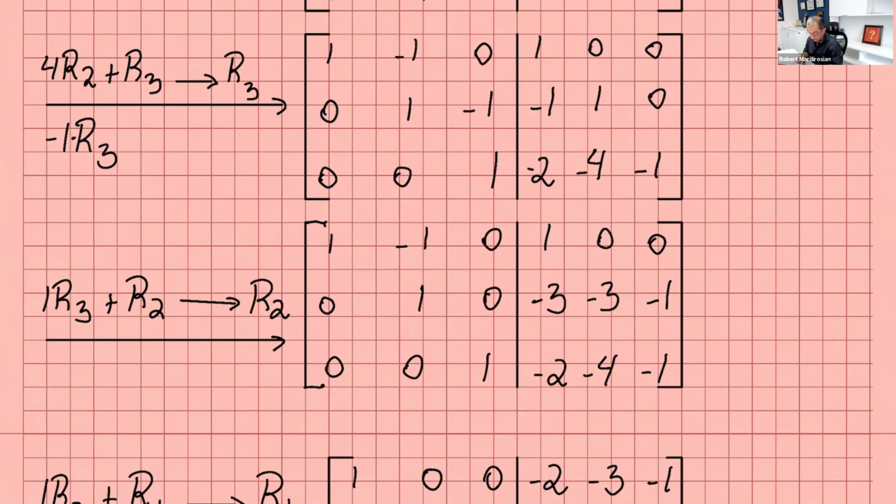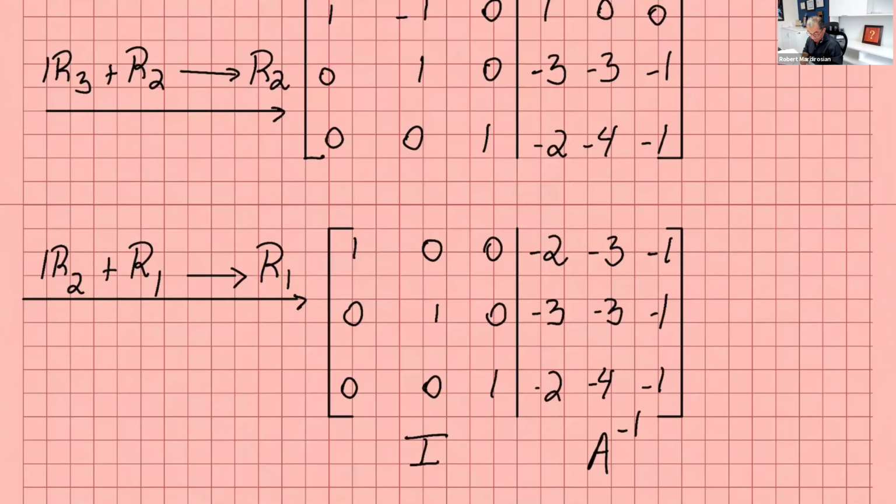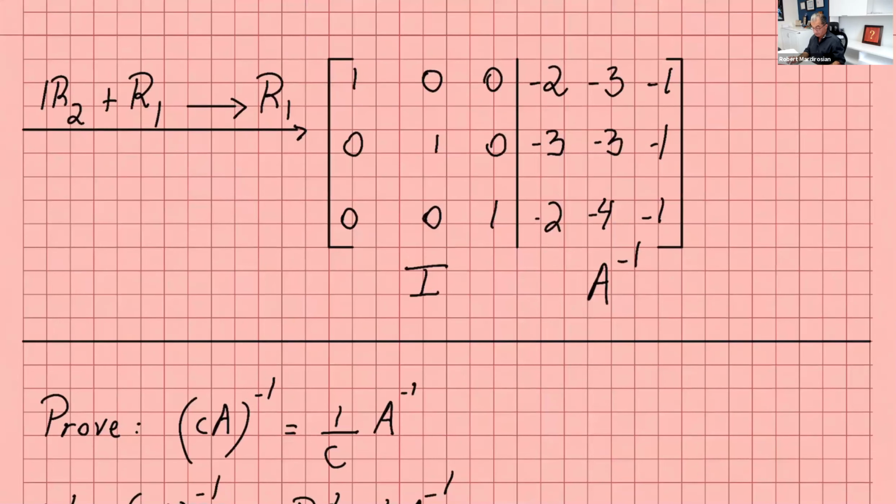You just keep doing it, and once you finish all the operations, you see the identity matrix here. So this is the inverse of our original matrix. And if you want to see if that's right, if you take that matrix and multiply it by A, then you should get the identity matrix. So you can find the inverse of a matrix by row reduction.